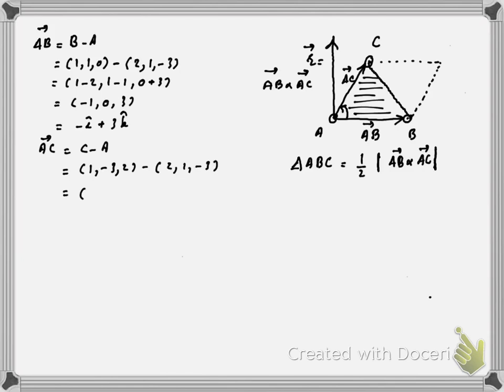It is equal to 1 minus 2, 0 minus 1, 2 minus into minus 3. It is equal to minus 1, minus 4, 5. It is equal to minus i cap minus 4j cap plus 5k cap.